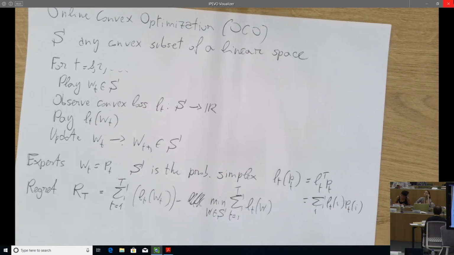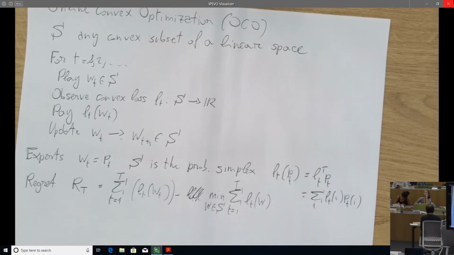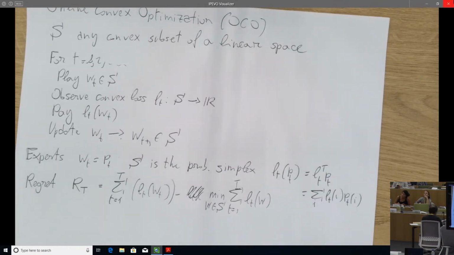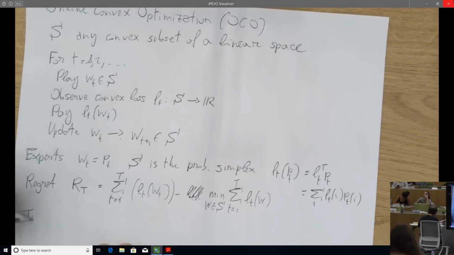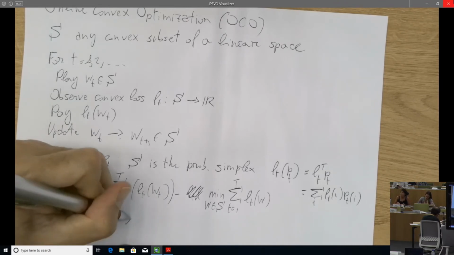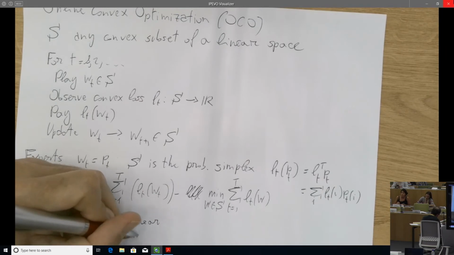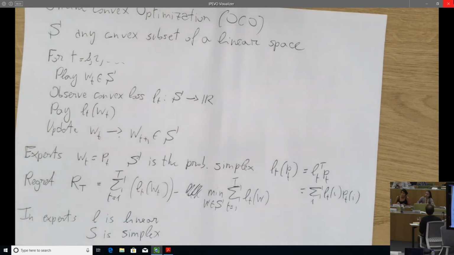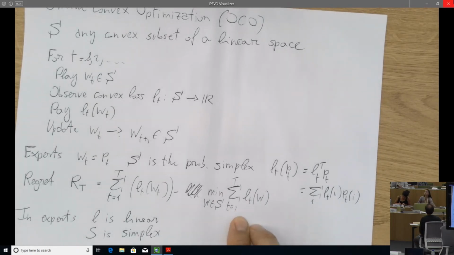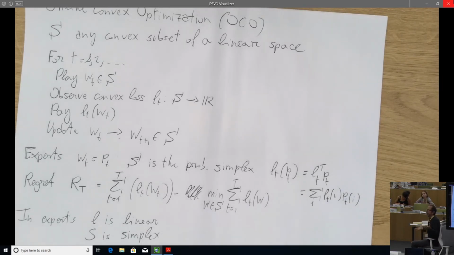So now, how is this related to before? In experts, L is linear and S is a simplex. A sum of linear functions is a linear function. If I minimize a linear function over the simplex, it is always going to be minimized at a corner. So that's why this is still a special case.